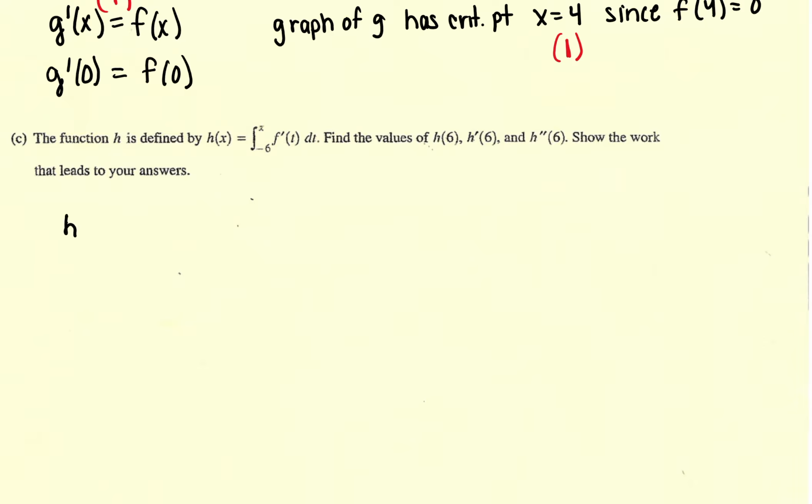All right, first of all, we're going to find h of 6. If I want h of 6, that means we're putting a 6 in for x. So we're going to put in a 6 right there. So that would equal the integral from -6 to 6 of f prime of t dt.